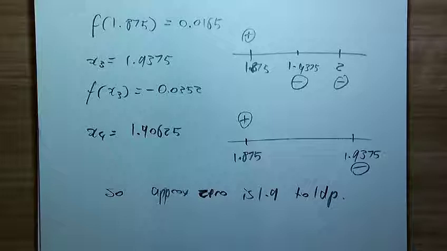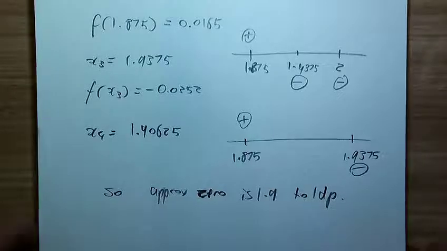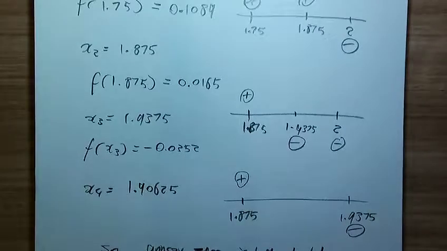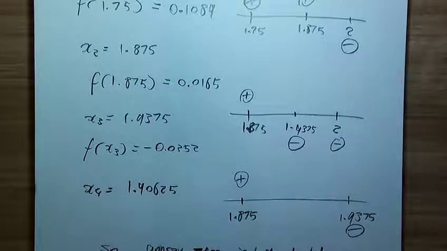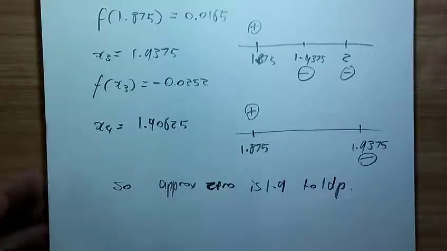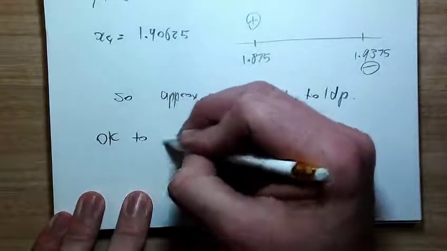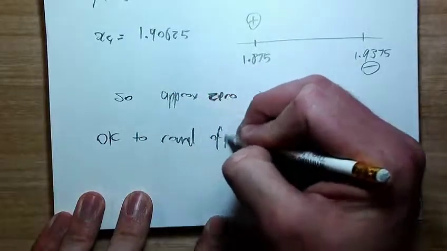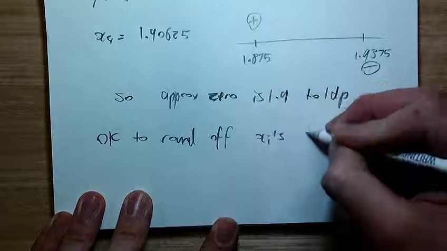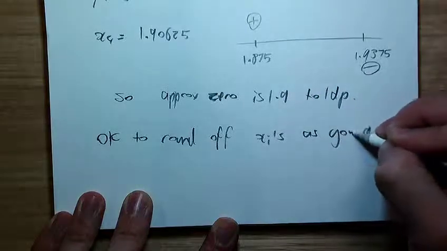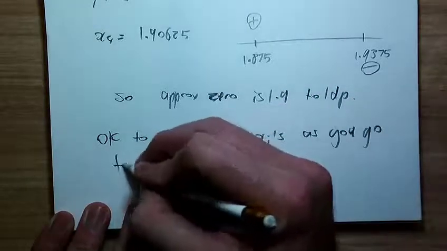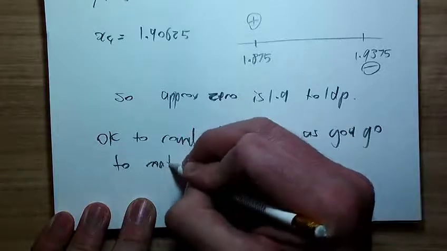So there's no particular reason why I had to use 1.875 if I was going to go for 1 decimal place. I would have used 1.88. So I'll just make a note. Okay to round off the xi's as you go to match the level of accuracy you want.